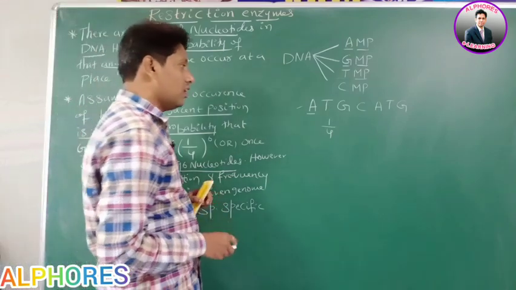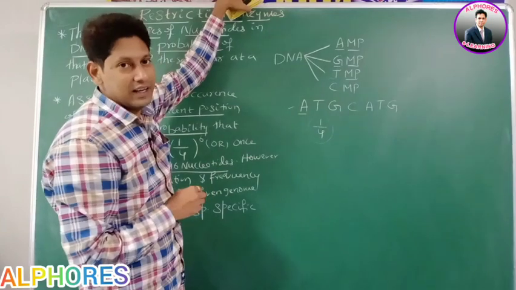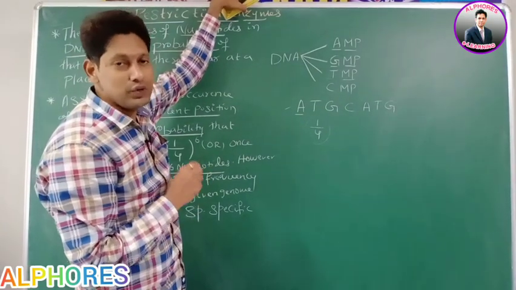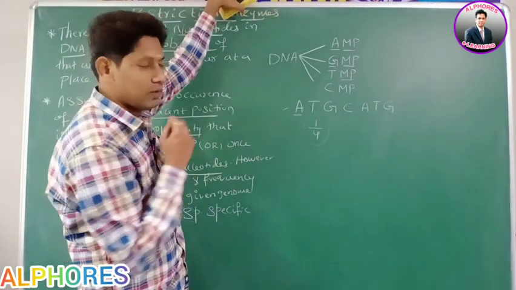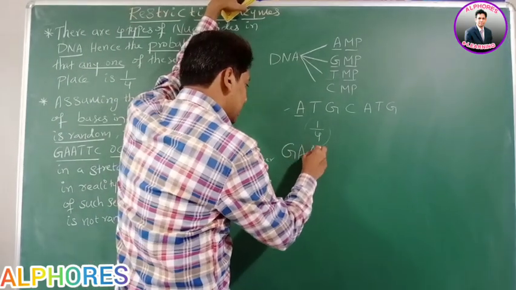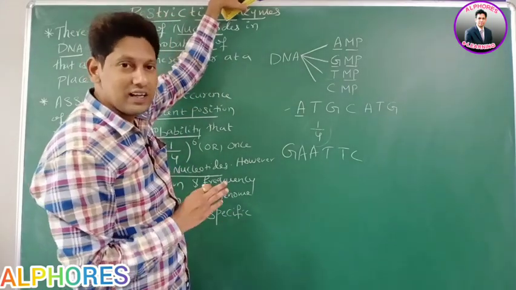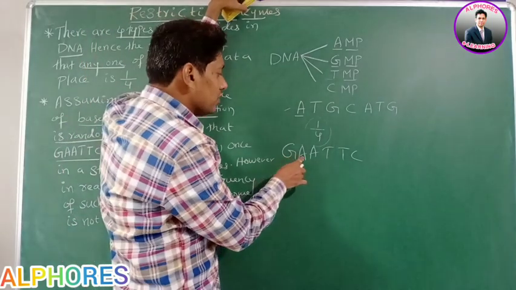Now listen here. What is the probability of each nucleotide in a DNA? 1/4. Is it okay? This sequence GAATTC contains how many nucleotides?